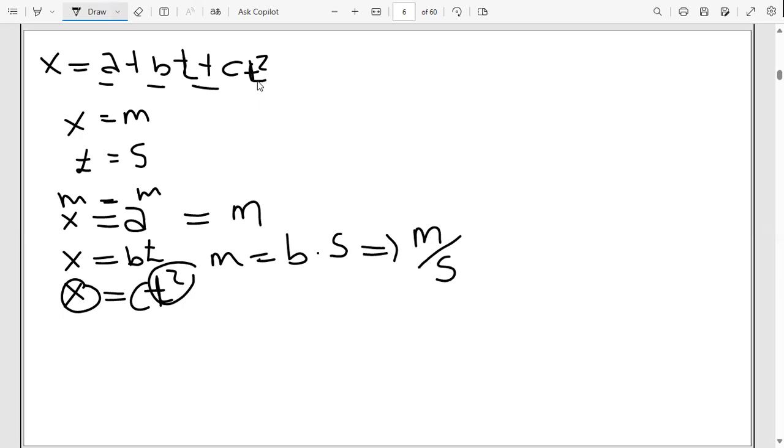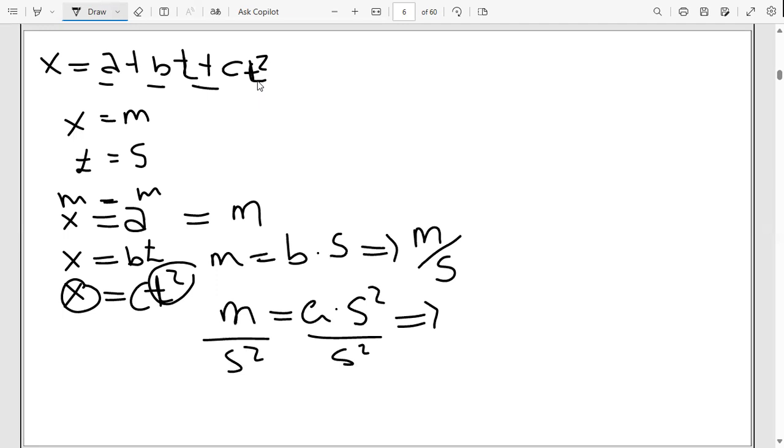On c, we know we have m for x on the left hand side. This will be equal to c multiplied by t squared, which just means second squared. That means I'll divide both sides by second squared so that I remain with c here. That means the actual units for c are going to be meter per second squared. And that's that.